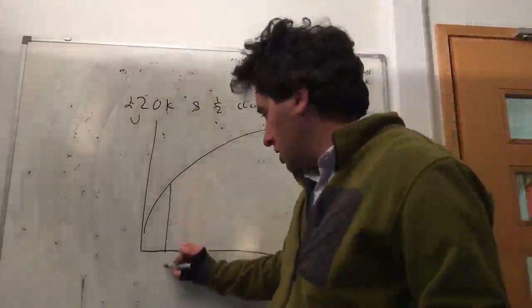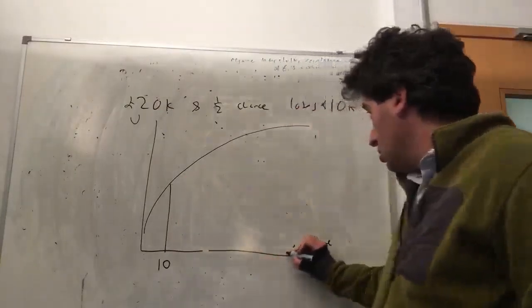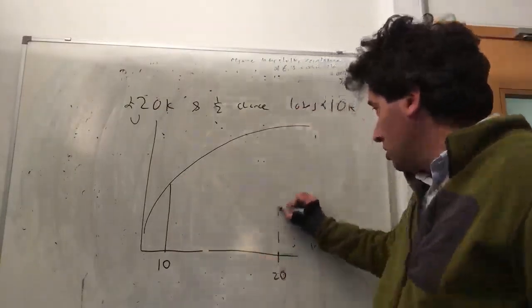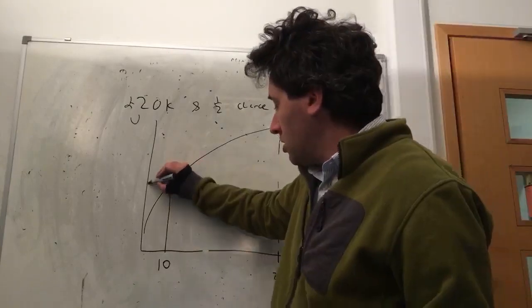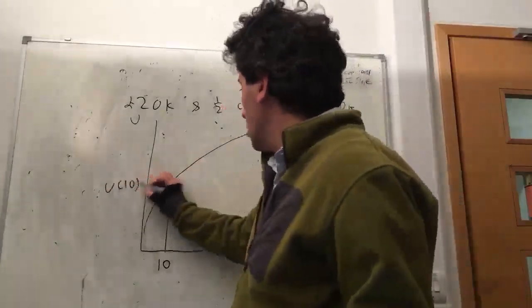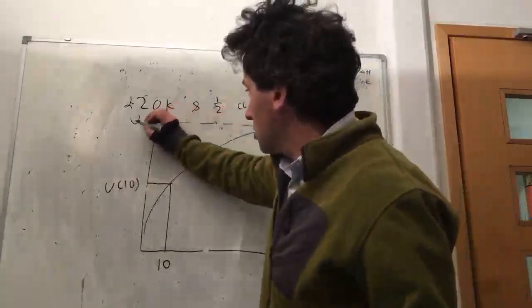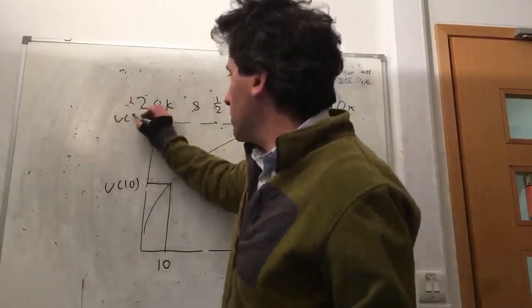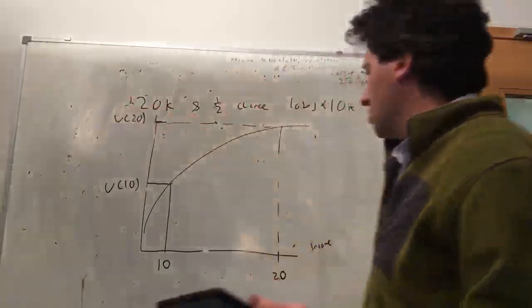We had the utility of 10,000, and the utility of 20,000 up here.